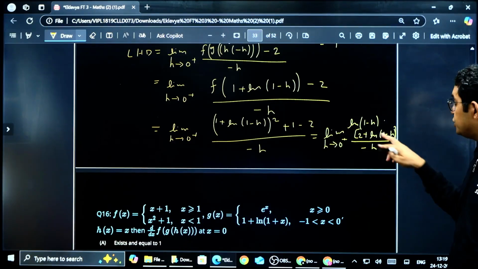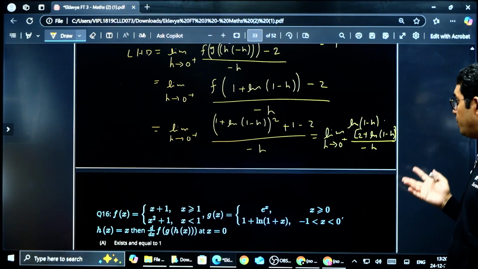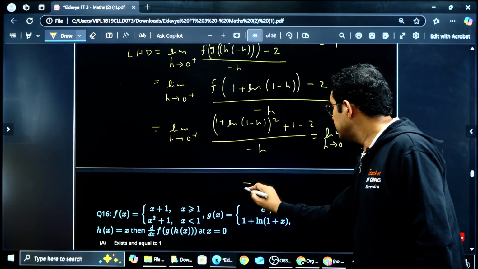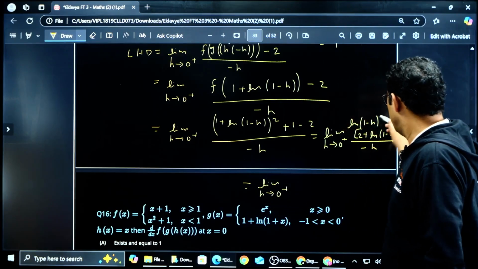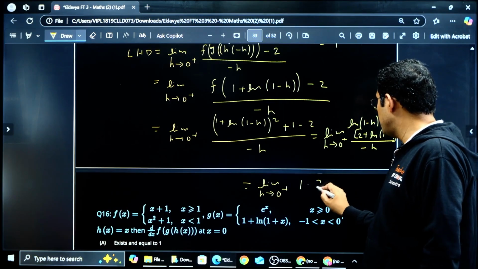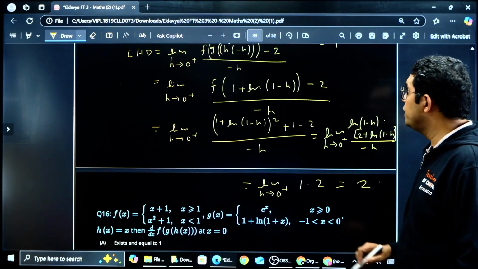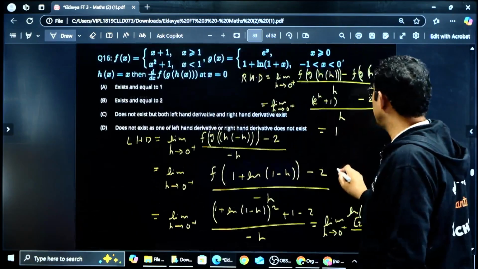The second bracket, which is 2 plus ln 1 minus h, is directly 2 if we put h as 0 plus, whereas the first thing, limit h approaches 0 plus, that is ln 1 minus h upon minus h, is 1, and into 2. So the limit is coming out to be 2 here, where we got that limit of RHD was 1.